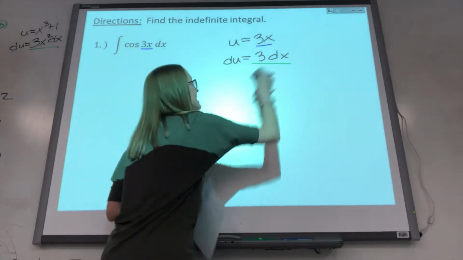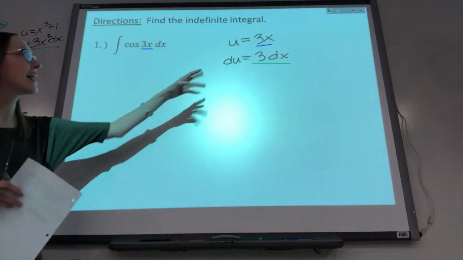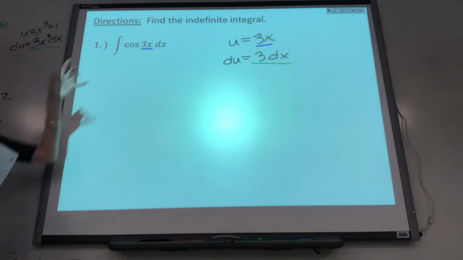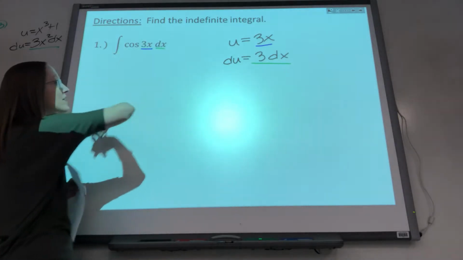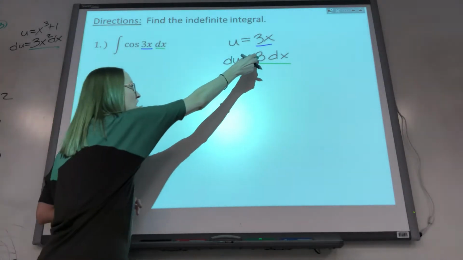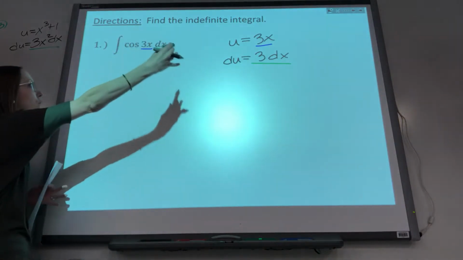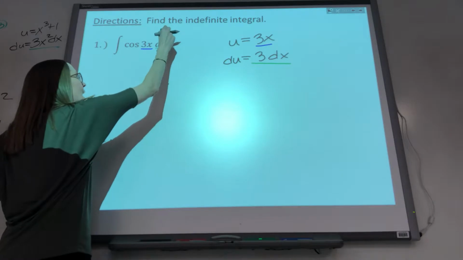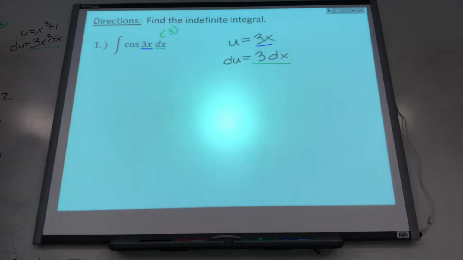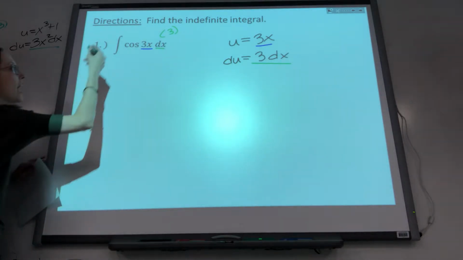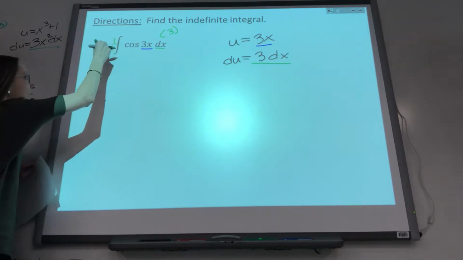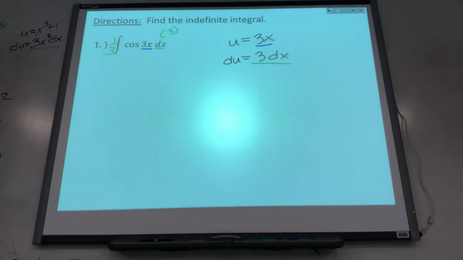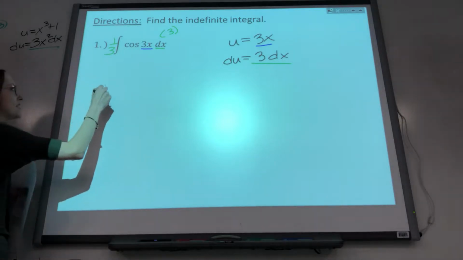But I need to make sure that I have all of du in this integrand. I have the dx, but I don't have the 3. There should be a 3 somewhere out to the side, and I don't have it. So just like usual, if I put the 3 there, I'll have to put the 1/3 out front just to keep everything balanced.